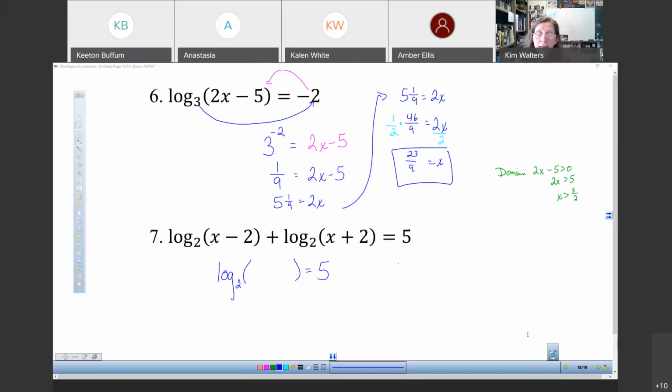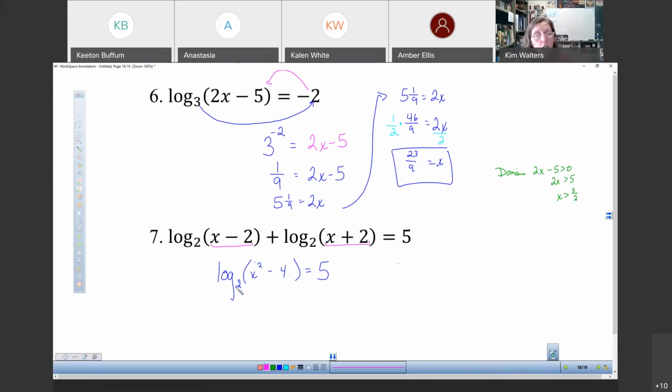All right. So I am going to condense these by multiplying these two expressions together. When I multiply them together, I'm going to get x squared minus 4. So x minus 2 times x plus 2 multiplies together to give me x squared minus 4.